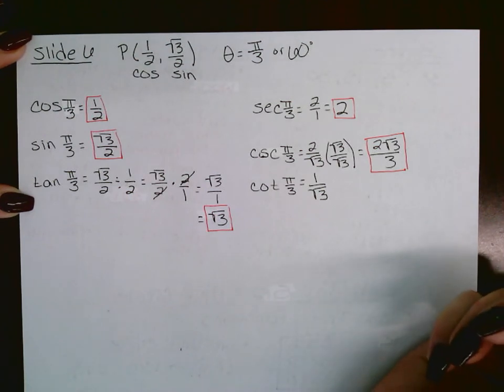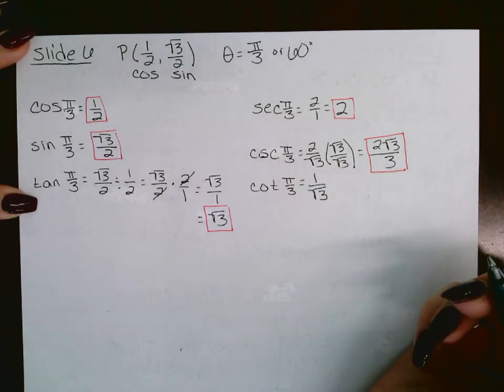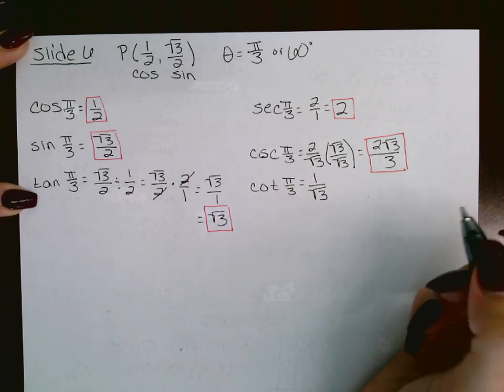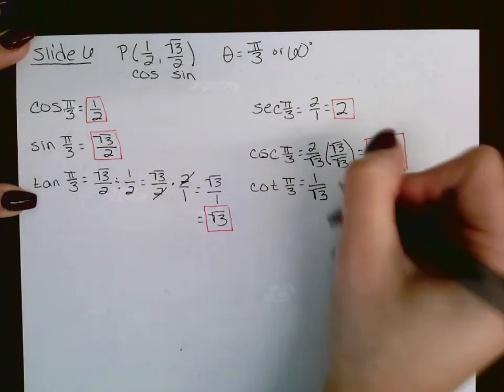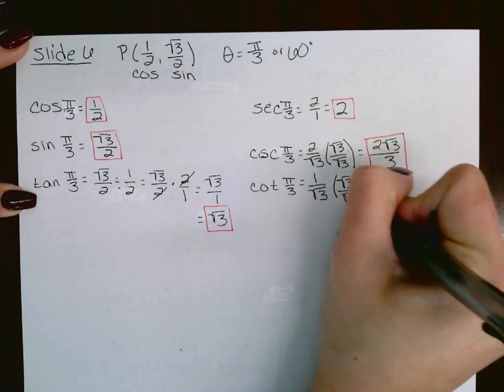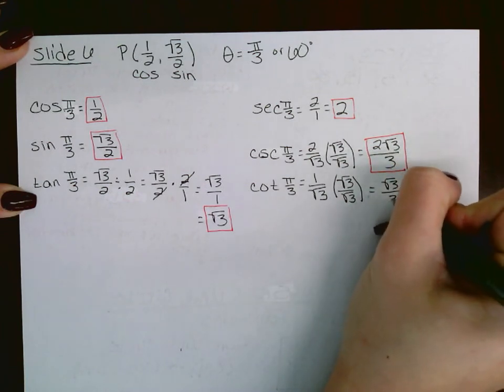I have a radical in the denominator, which, by the way, does not make it an incorrect answer. It's just not a clean answer. So if you're looking at the back of the book to check your answers when you do homework or like on a multiple choice on a quiz or test, it will be clean, okay? So I need to rationalize this. And I'm left with radical 3 over 3.